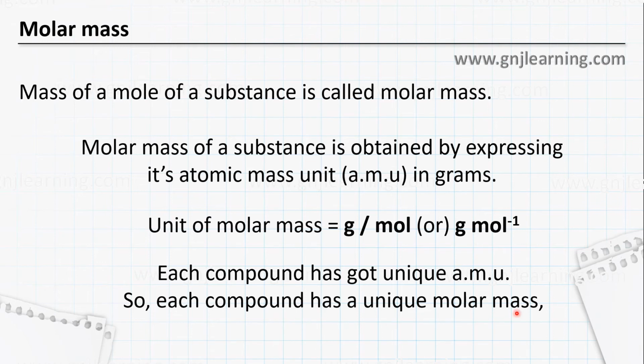So from molar mass, we are able to identify a compound. But there are exceptions. For example, isobars have the same molar mass because they have the same atomic mass unit. There are exceptions, but in most cases, if they are not isobars, you can easily identify the compound from its molar mass.